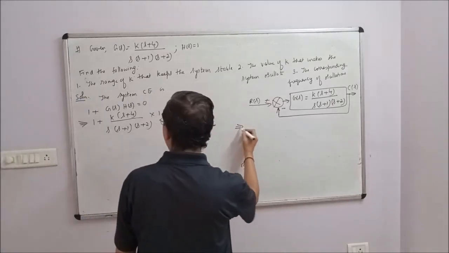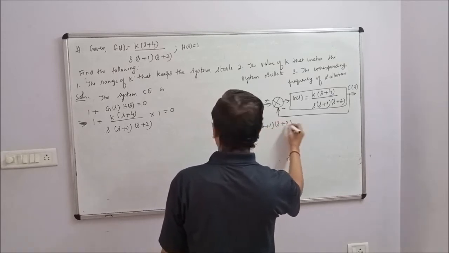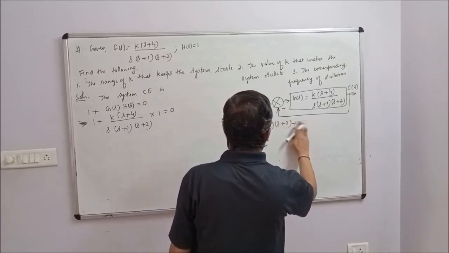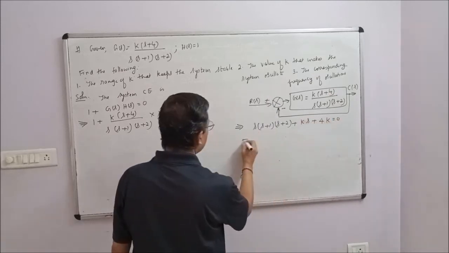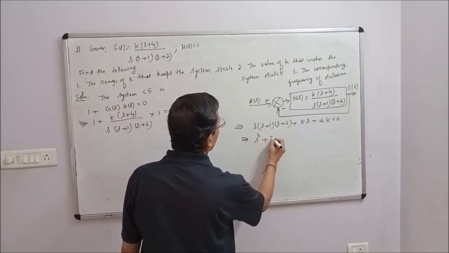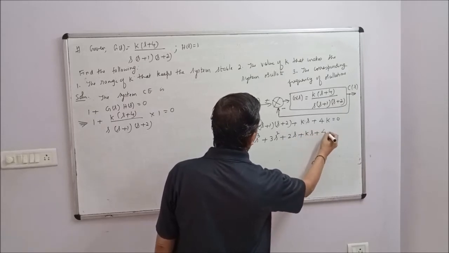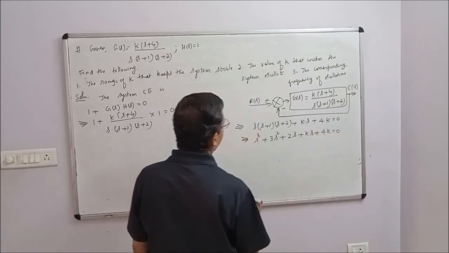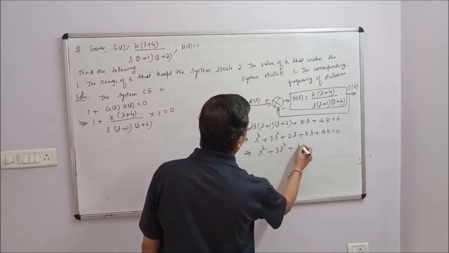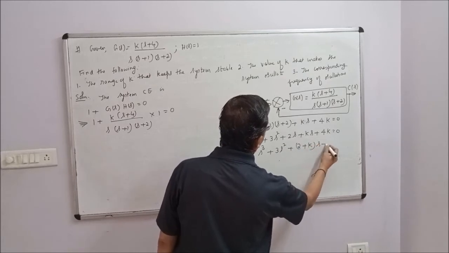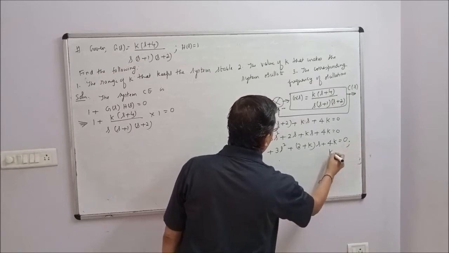This in turn implies s(s+1)(s+2) + Ks + 4K = 0. This implies s cubed + 3s squared + 2s + Ks + 4K = 0, which implies s cubed + 3s squared + (2+K)s + 4K = 0, with K greater than 0.